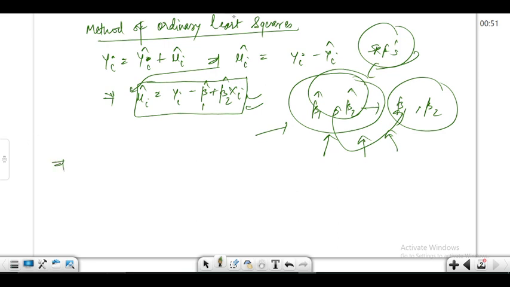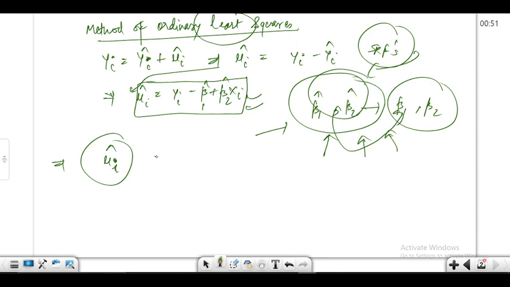As the name suggests, least squares, we try to minimize the sample error term while we create our sample. Whatever xi values we choose, corresponding to those I get yi values, and I try to minimize the gap between the actual yi and the yi hat from the sample regression function.